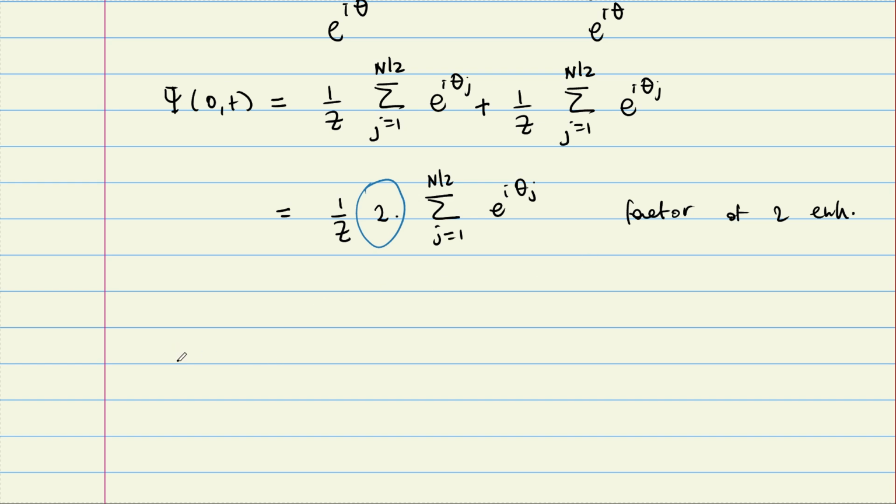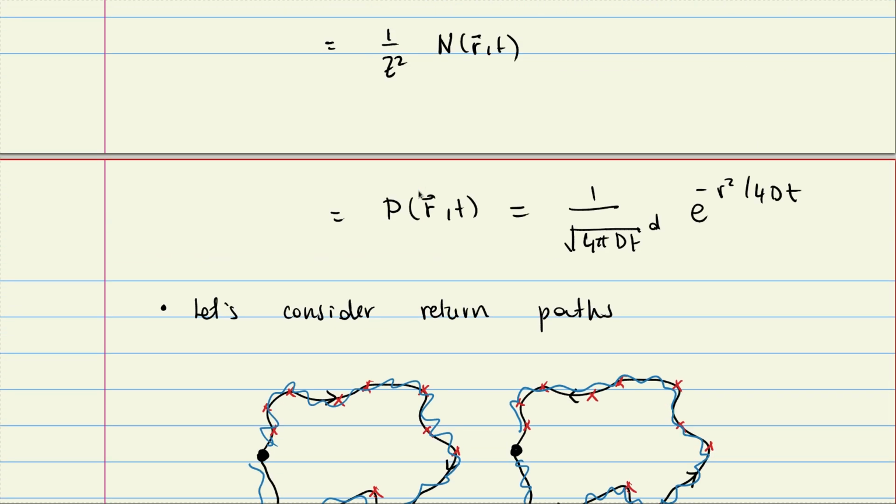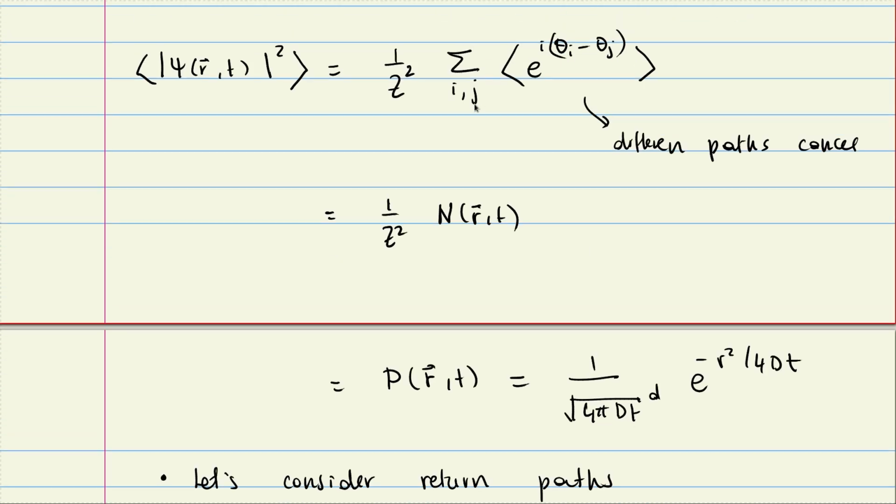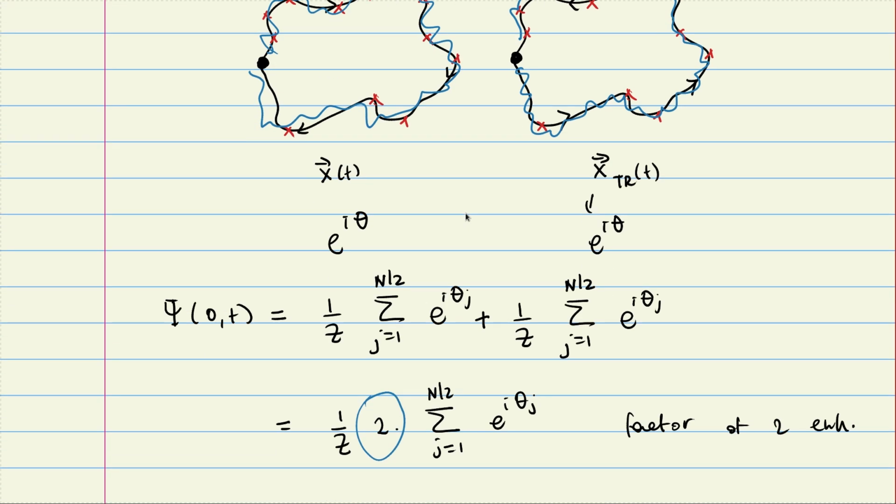Now I am going to take the absolute value and disorder average. So this is psi of 0, t, squared, and disorder average. So this is going to be 1 over z squared. This is going to be 2 squared, which is 4. But for the case n, when you disorder average, we had n.